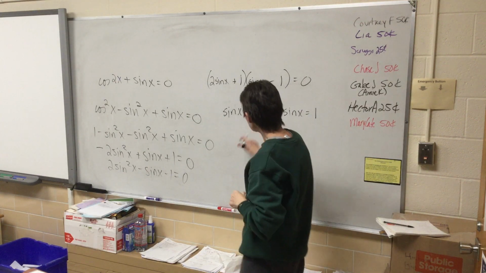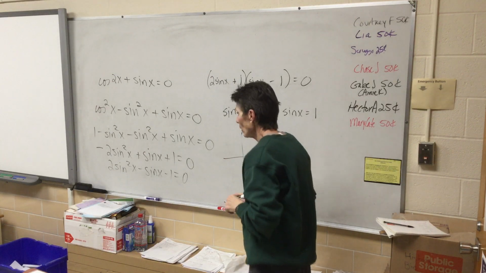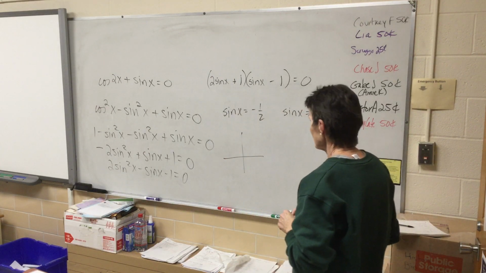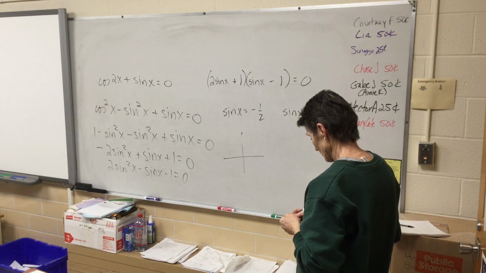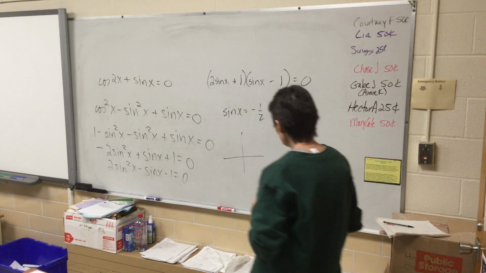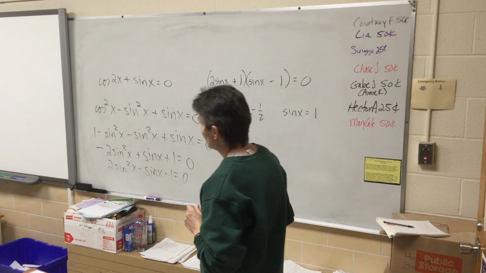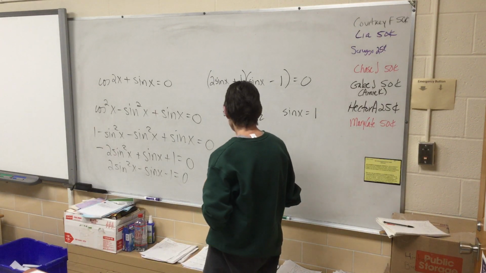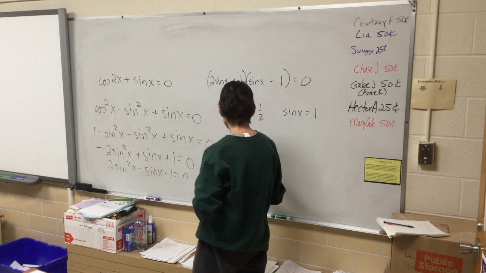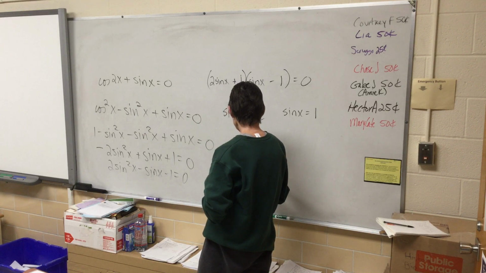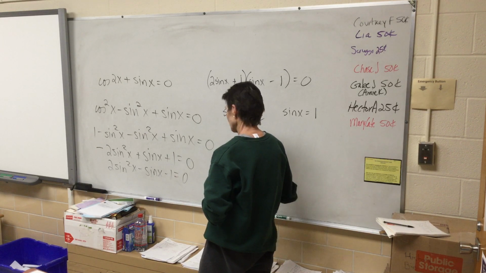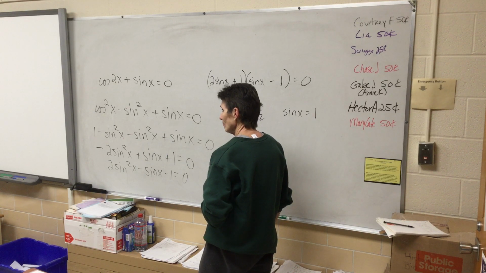All right, where is the sign negative? Where is the sign negative? 2 and 4. Let's rethink that. Sorry, it's 1 and 3, or 1 and 2. See, now I'm just guessing.